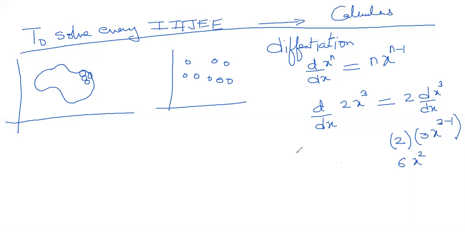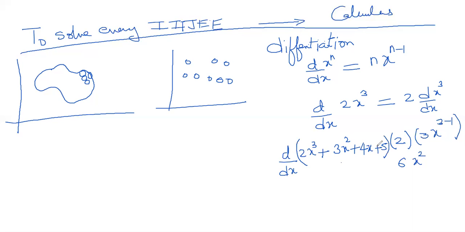Now, I'll give you a different thing. d by dx of, in bracket, 2x cube plus 3x square plus 4x plus 5, one number is there. Now how to do this?